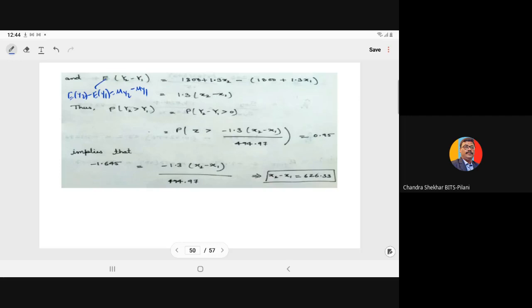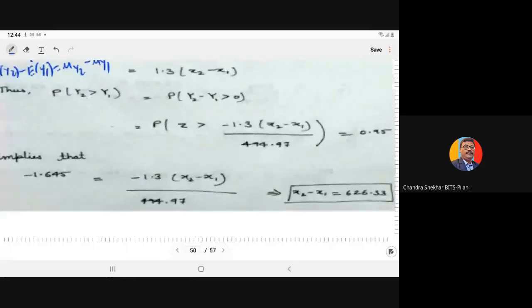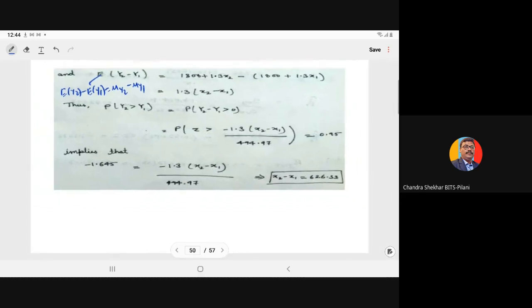So it will become the probability of Z greater than 0 minus 1.3 into x2 minus x1 upon the standard deviation, 494.97. For this, we know that 0.95 corresponds to 1.645. So minus 1.3 into x2 minus x1 upon 494.97 will equal minus 1.645.